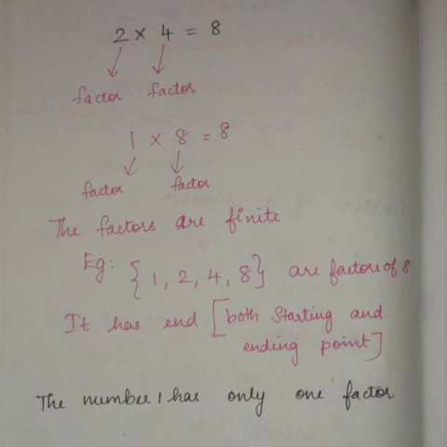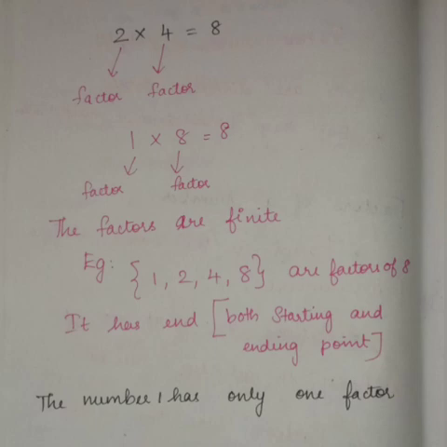In how many ways can you write 10? 1 into 10 is 10, so 1 and 10 are factors. Then 5 twos are 10, so 2 and 5 are factors. Are there any other factors? No. So 1, 2, 5, and 10 are the factors of the number 10. Factors are always finite because they have a starting point and an ending point.